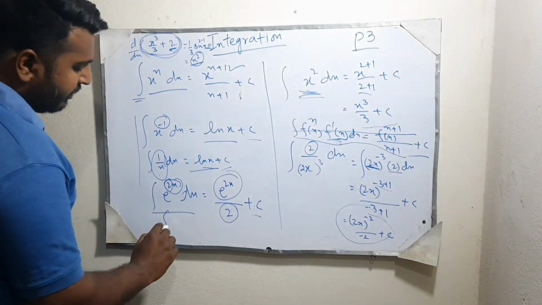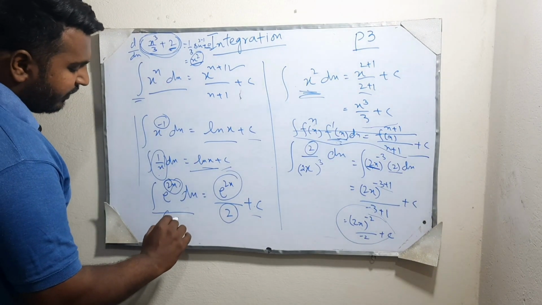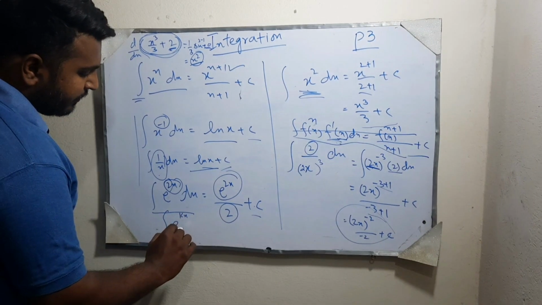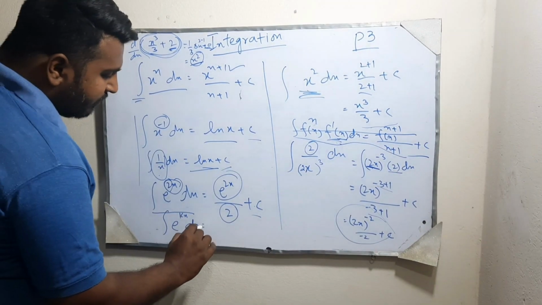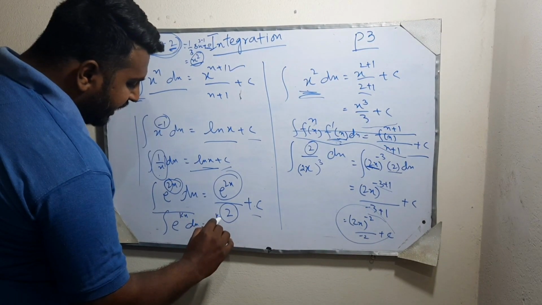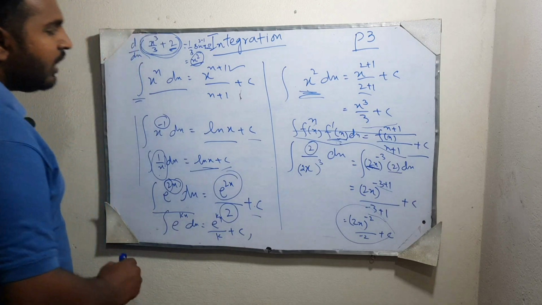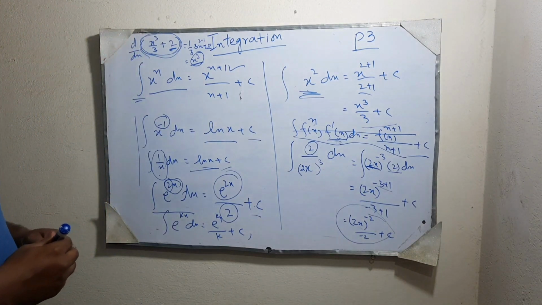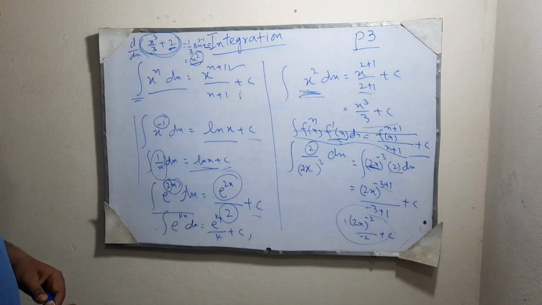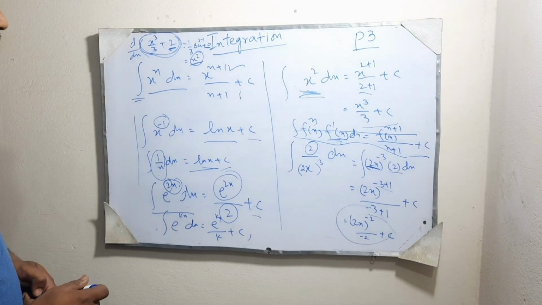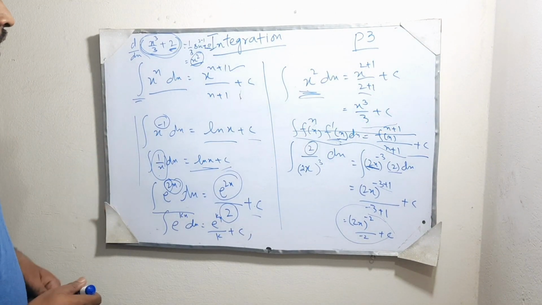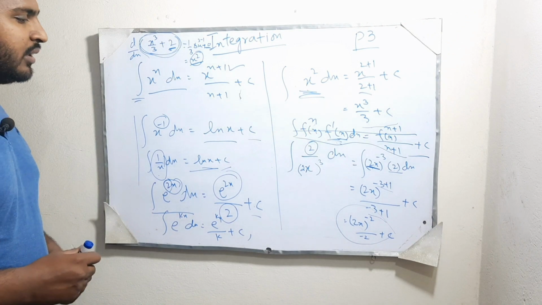So we can write it as, integration of e power kx dx would turn out to be e power kx over k plus constant of integration. This was the basics of integration. We will use these in our complex problems.